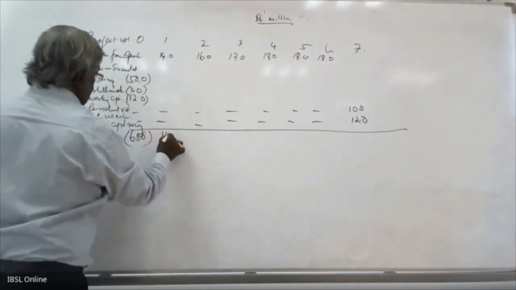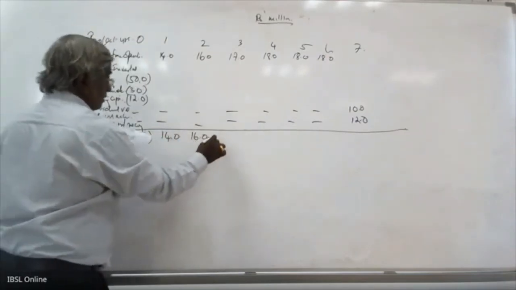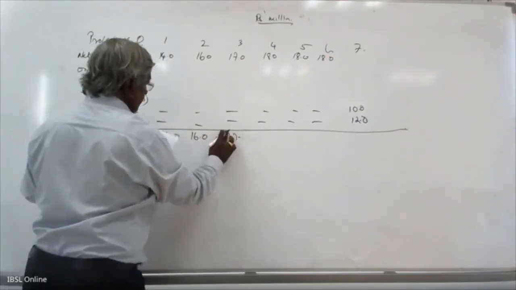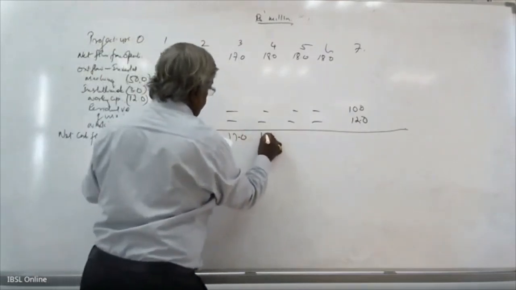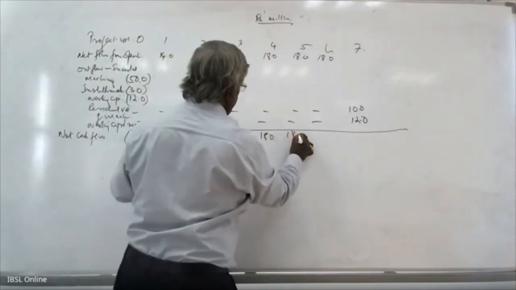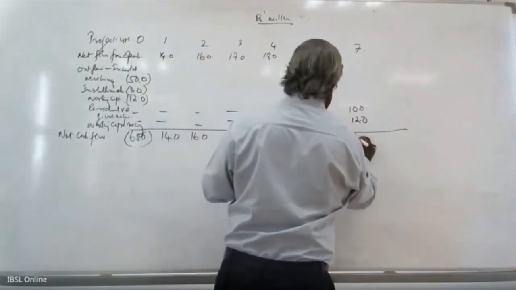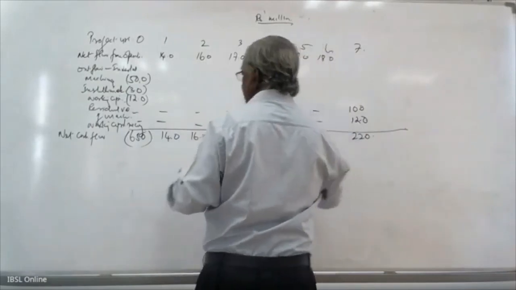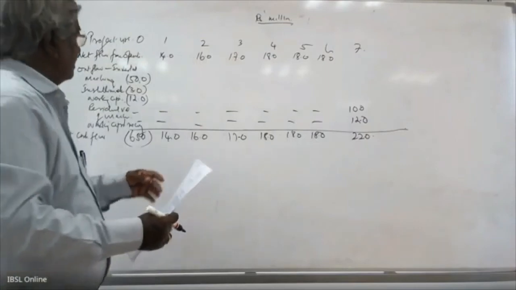Here 14 million, 14.0, 16.0, 17.0, 18.0, 18.0, 18.0, 22.0. So now, here we consider this as the one whole year.